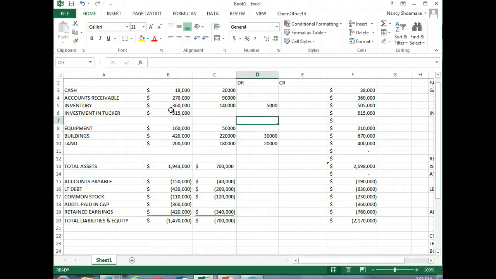Then we have equipment of $210,000. Our buildings, we show our initial book values plus the fair value increase. We've got land, which is the $200,000 plus the book value of the company we're buying plus the increased fair market value. The buildings, equipment, building 670. The equipment, we've just added the two together, 210.